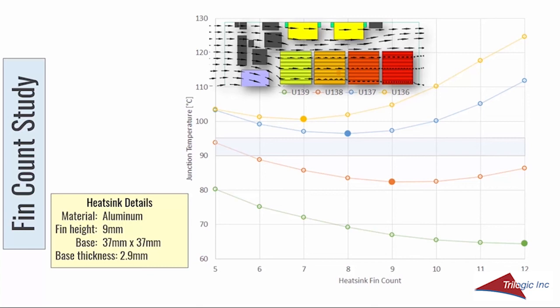So with more fins, they can be less height with the same amount of area, and that would benefit the downstream components because that leading component would have a lower profile. Also, the most downstream component I thought would benefit by having more fins than less fins to convect its heat away.